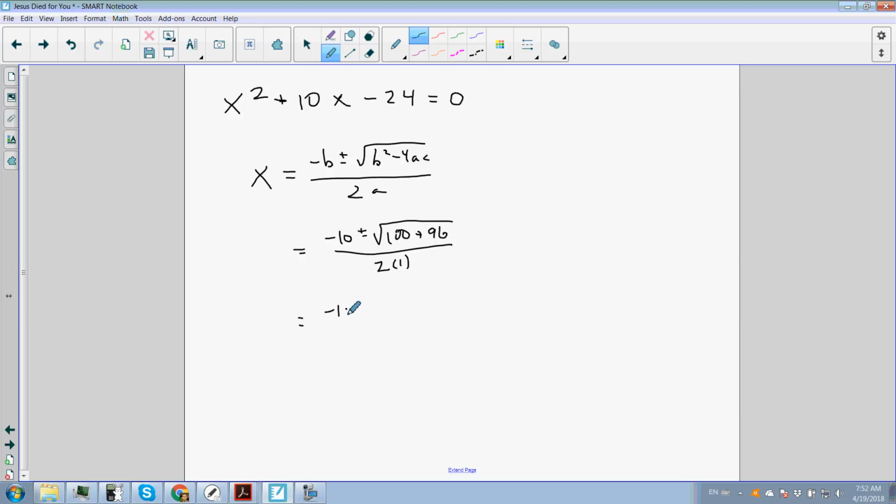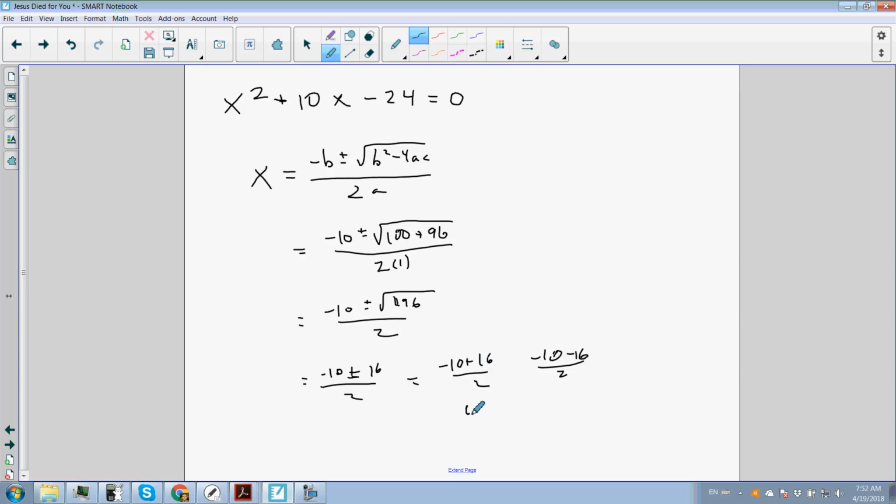So we've got negative 10 plus or minus the square root of 196 over 2. That's negative 10 plus or minus the square root of 196, which is 16, over 2. So we've got negative 10 plus 16 over 2, and negative 10 minus 16 over 2.